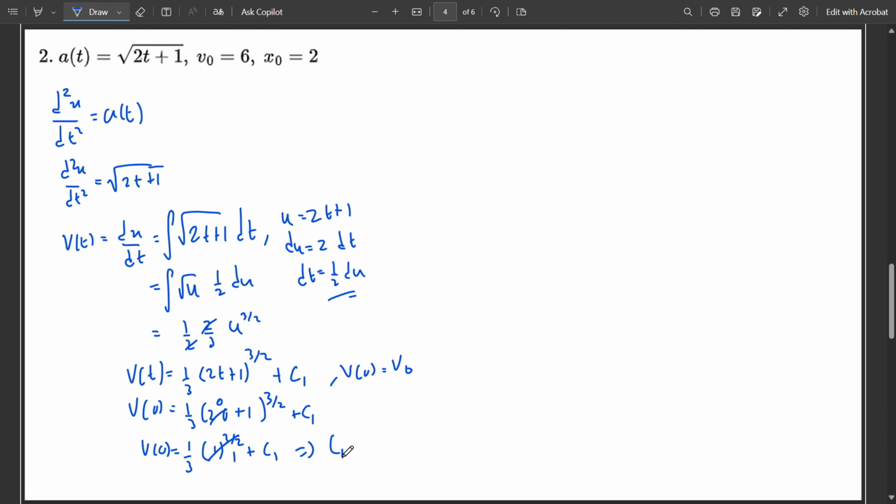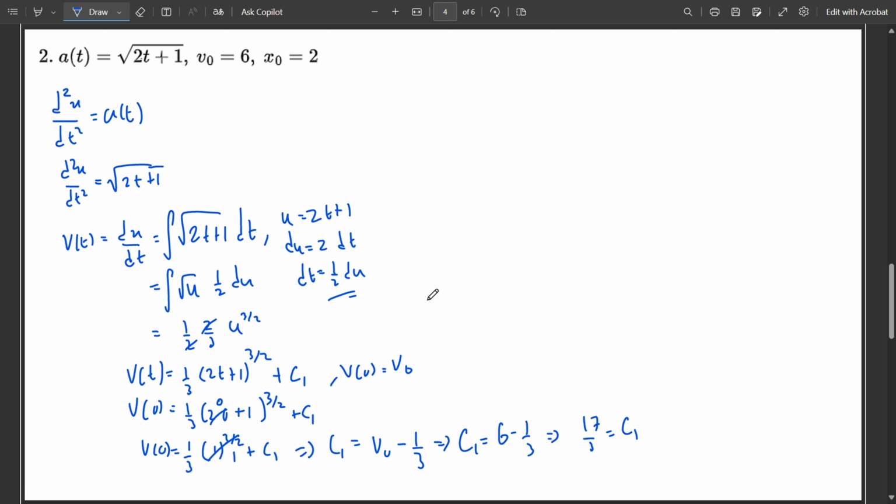Well, our c1 becomes v initial minus 1 over 3. We know that v initial is just 6, so we have c1 equals 6 minus 1 over 3, which is 6 times 3, 18, minus 1, 17 over 3. This is our c1.